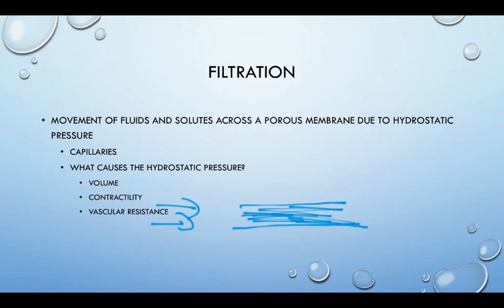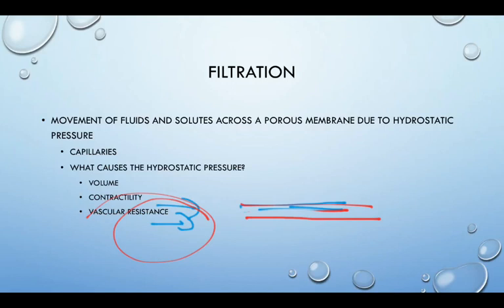Let's make it a little bit more interesting. Here's your hose, and it's a blood vessel. Your pump is your heart. One of the cool things that your body can do is either increase or decrease the size of your hose, and that would also increase pressure.